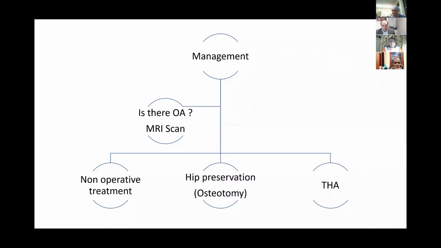If the patient is aware of that and doesn't want surgery, that's fine, as long as he knows that he is likely to develop arthritis within the next 5 to 6 years. So non-operative treatment for the symptomatic is maybe not the best option. Hip preservation, the determinant factor here is that the patient doesn't have arthritis, and hip replacement is our salvage procedure.